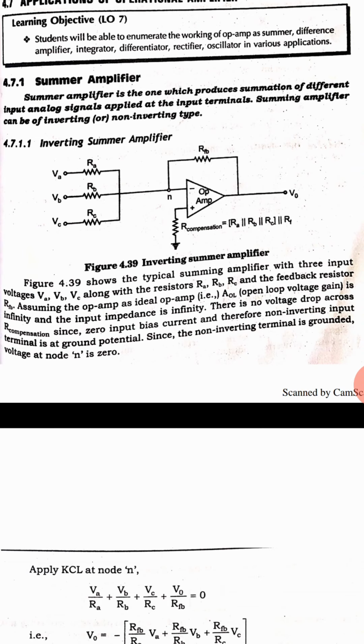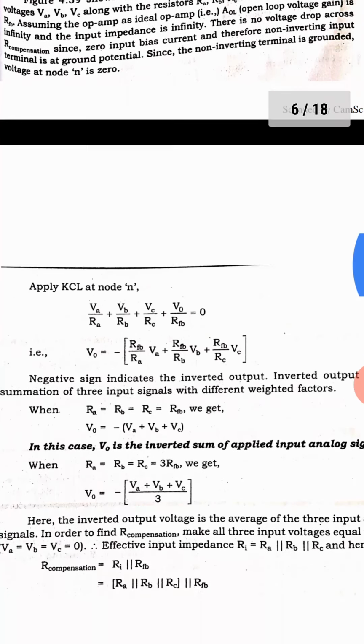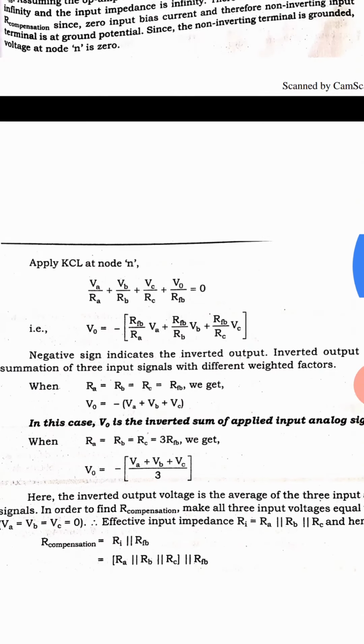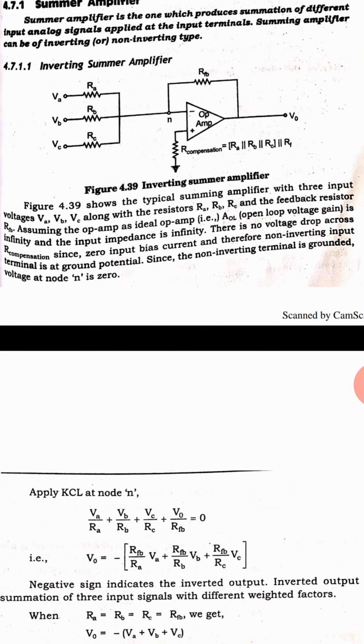The purpose of compensation we can also calculate. Apply KCL at this node: VA minus VN divided by RA plus VB minus VN divided by RB plus VC minus VN divided by RC. These are the incoming currents. The outgoing current is V0 by RFB. The Vn is connected to the ground potential, so Vn is 0.